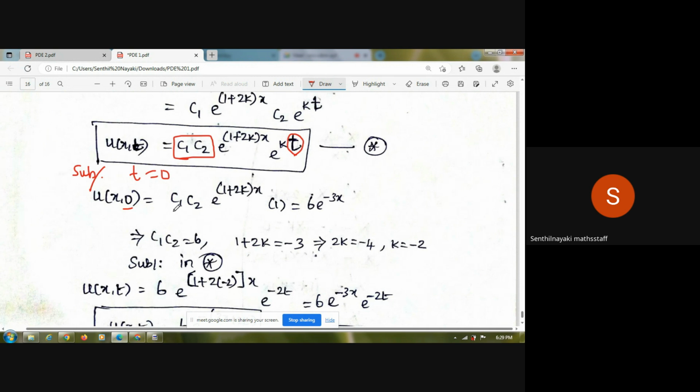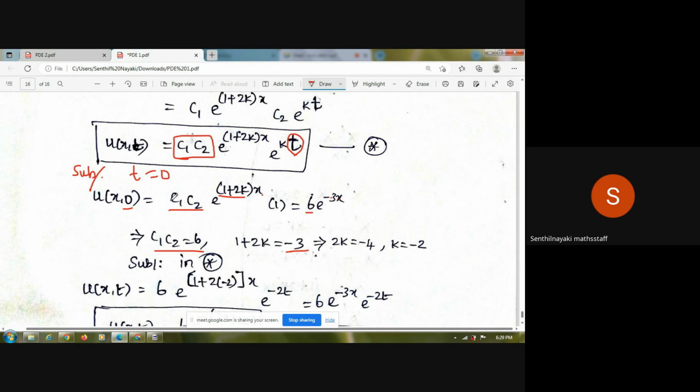So what will we get? Here the constant C1 C2 equal to 6. And here the coefficient of x is minus 3. Here the coefficient of x is 1 plus 2k. So 1 plus 2k equal to minus 3.